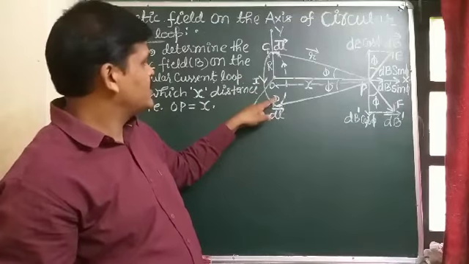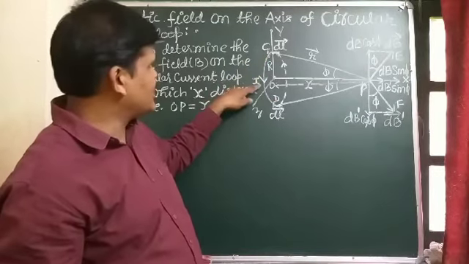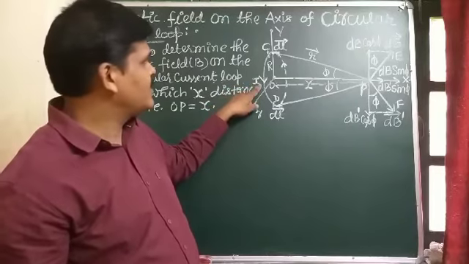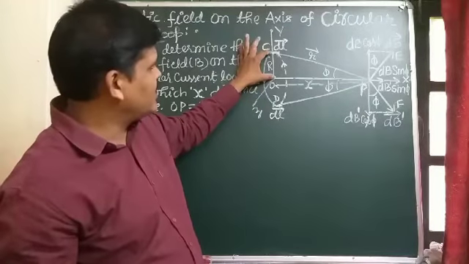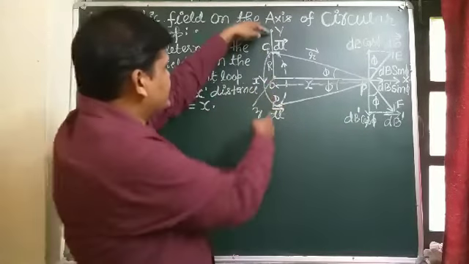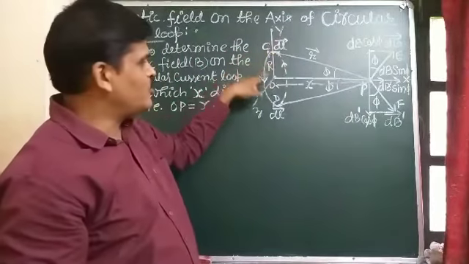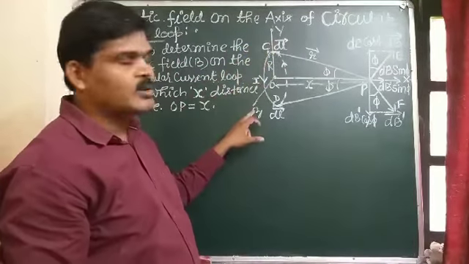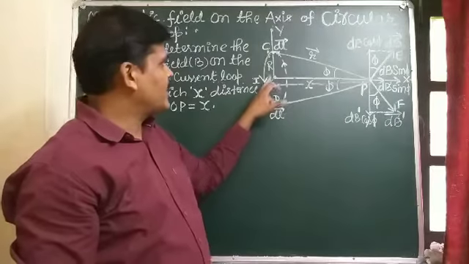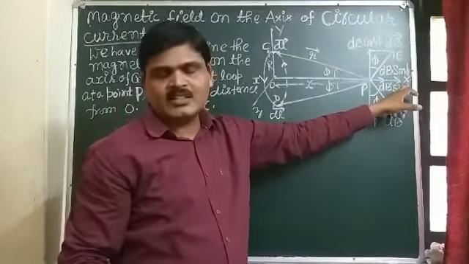Consider a circular current loop carrying a steady current I, of radius R, center O, placed in the yz plane. The axis of this circular current loop is along the x axis.